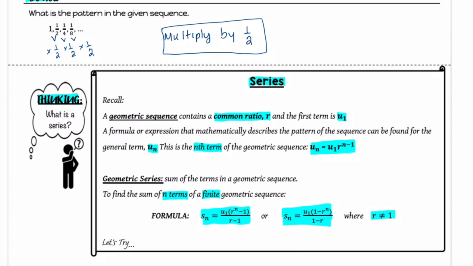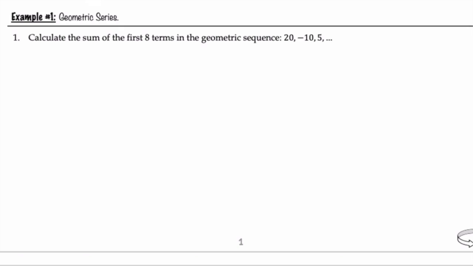So let's look at example number 1. Example 1. Geometric series. Calculate the sum of the first 8 terms in the geometric sequence 20, negative 10, 5.